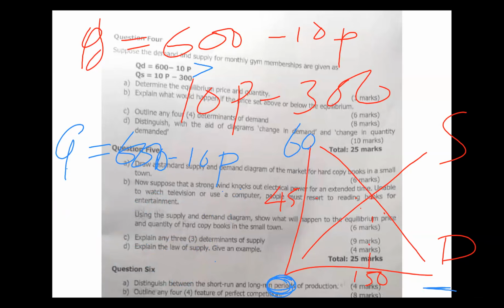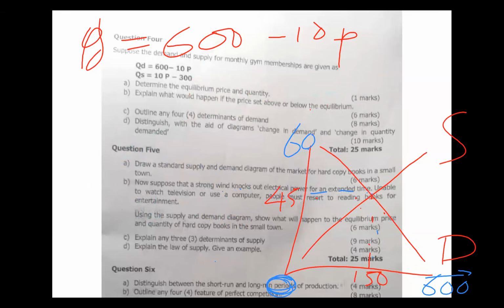It will be quantity equals 600 minus 10 multiplied by 0, and so your quantity equals 600. When you do this, you have sketched the graph from the same functions that you have been given. Is there any question?